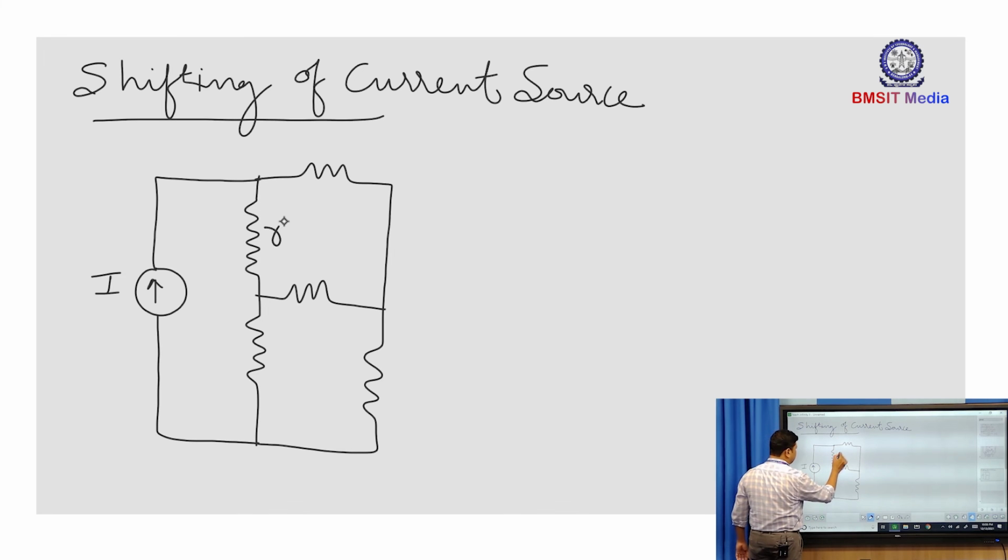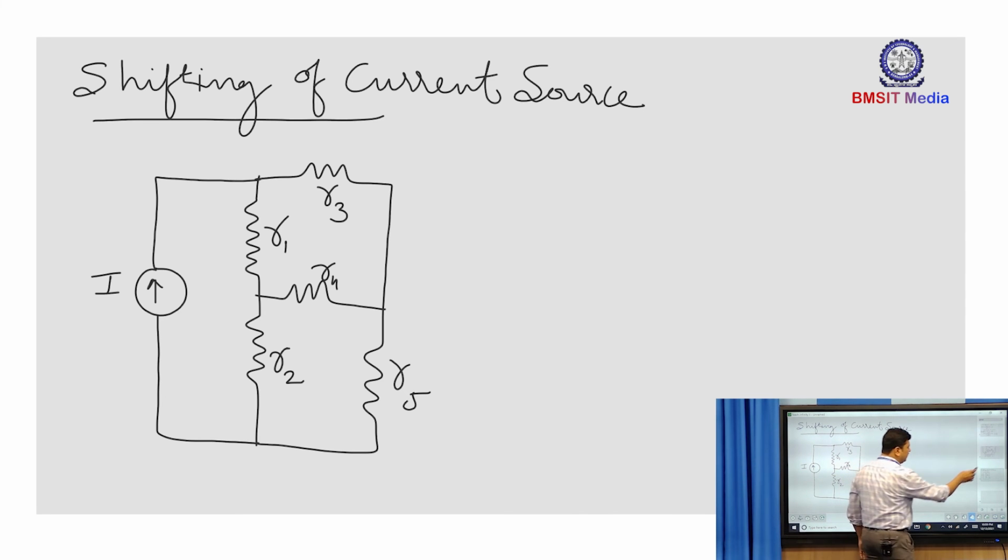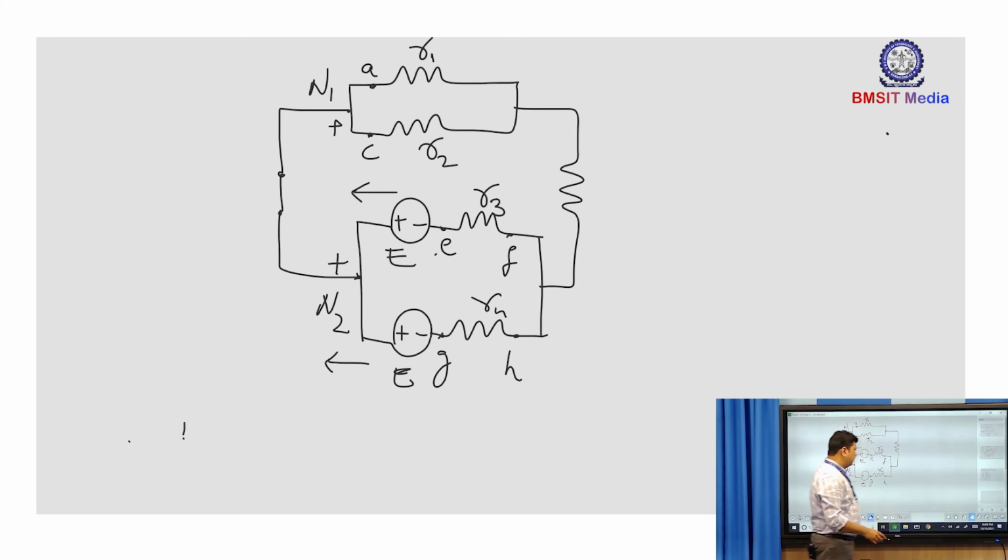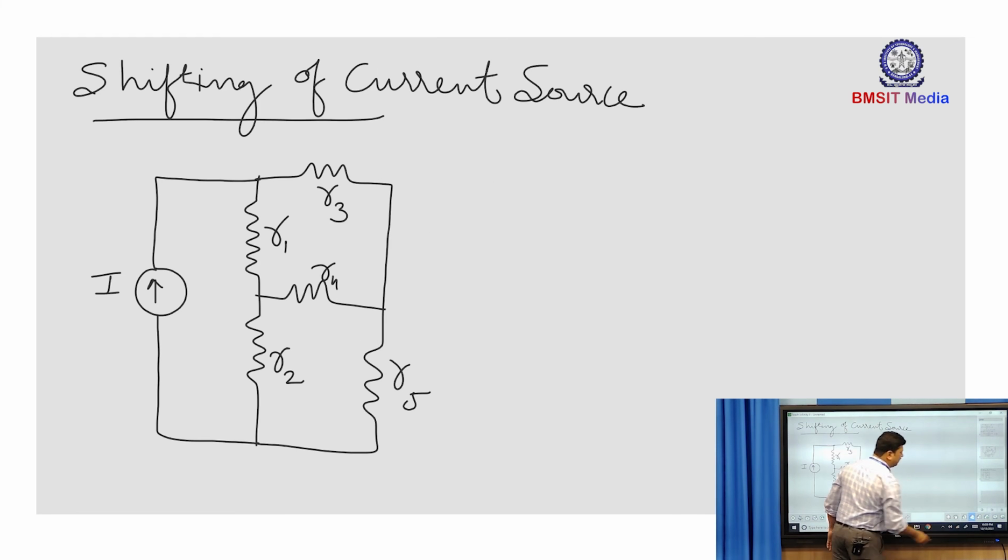I have resistors R1, R2, R3, R4 and R5. Once I shift the sources, say for example in the voltage source here, now I have an R3 resistor in series with E, then I can go ahead with the source transformation. We will see that when we take a particular example to solve.